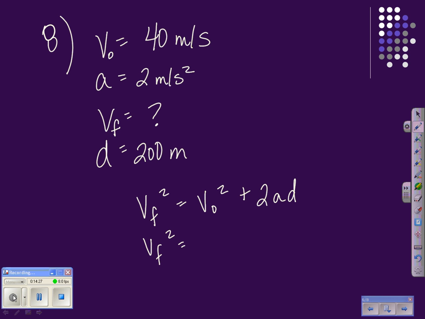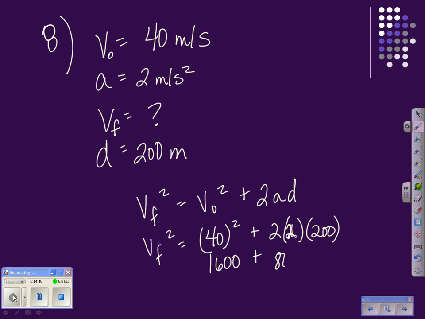VF squared equals 40 squared plus 2 times 2 times 200. Okay, so 40 squared is going to give me 1600 plus 2 times 2 times 200 is 800. Now I have to add those two together.